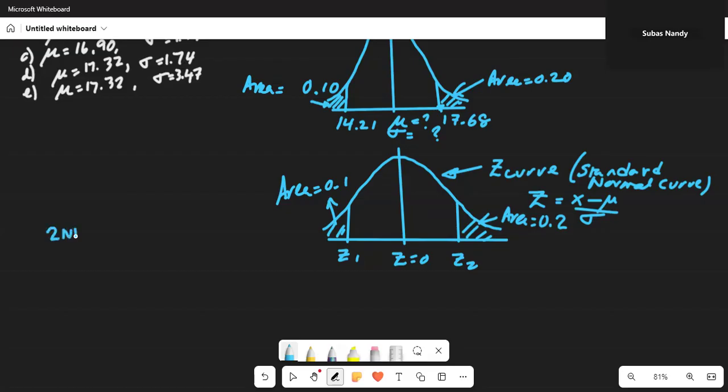First press the second key on the top left corner of the calculator, then the VARS key, which is in the third row, and then number 3, which is invNorm. So the invNorm function we are going to use: second VARS 3. And first we will type invNorm to get Z1.